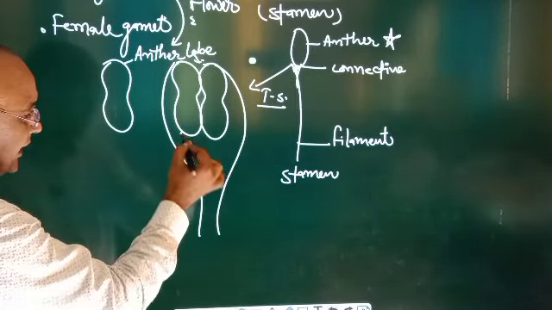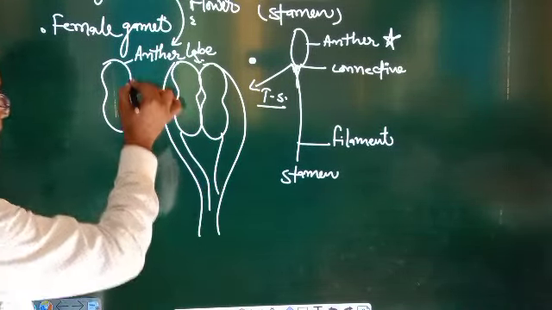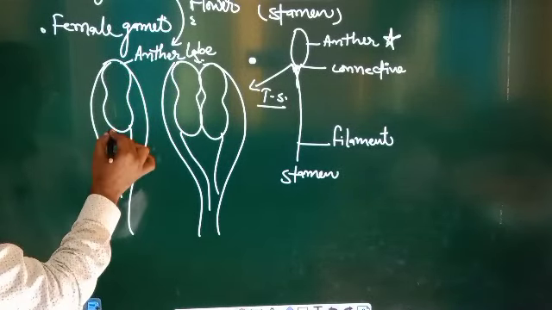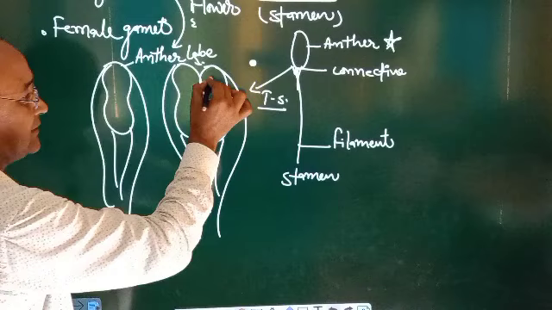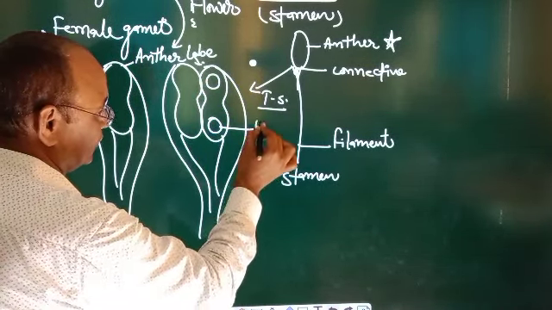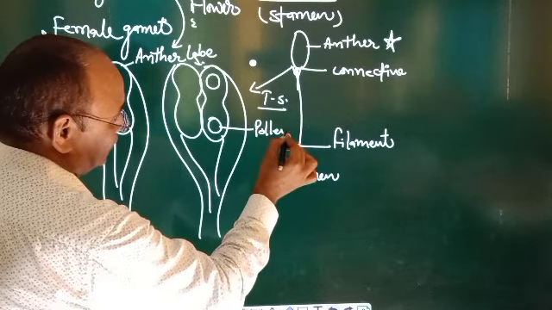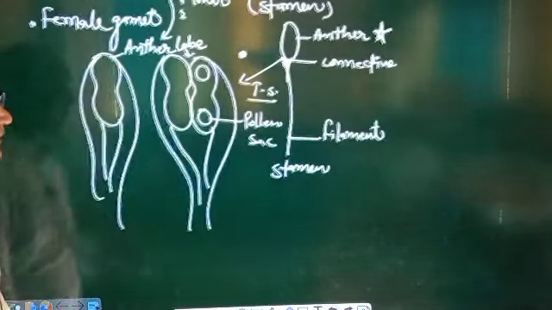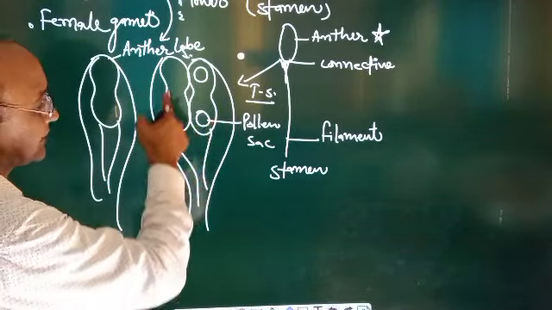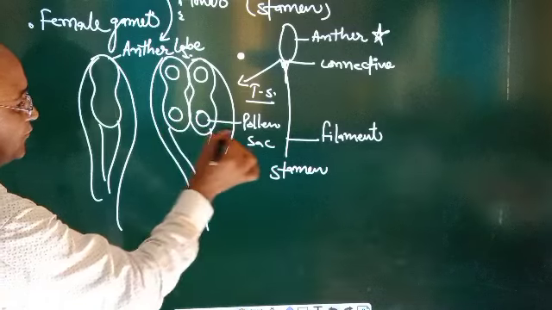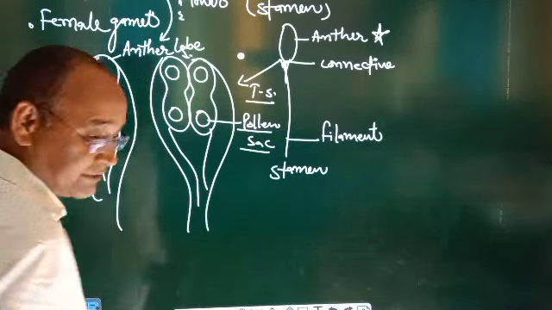Each anther lobe has two pollen sacs. So I can say, especially in dithecous stamen, two anther lobes and four pollen sacs are present.